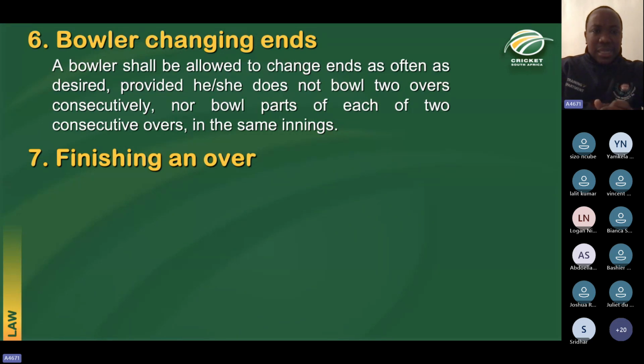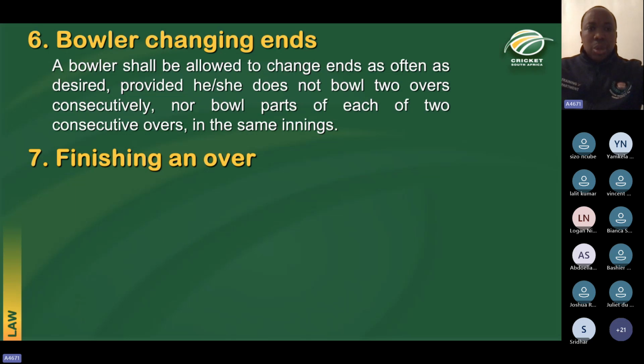This means that in a test match for South Africa, if Kagiso Rabada opens the bowling at Newlands against Pakistan from the Wynberg end, he bowls his 6 balls and the over is completed.